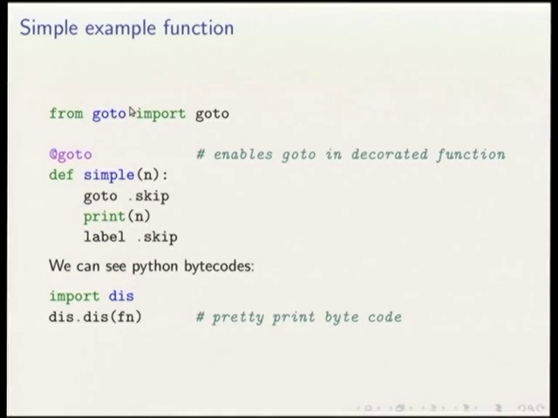At the top, from goto import goto, and then we've got a goto decorator, which basically says, all right, this function is going to be using Goto. And I'm jumping over the print statement in there, just as a little test function. So if I call simple with an argument, it shouldn't print anything. It should just go to the end and then be all done.